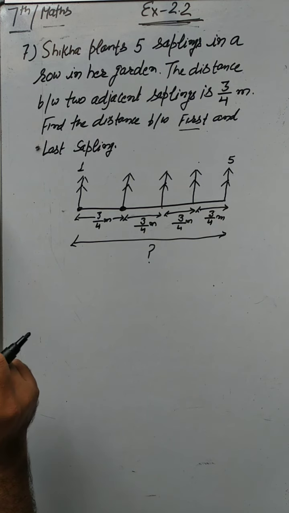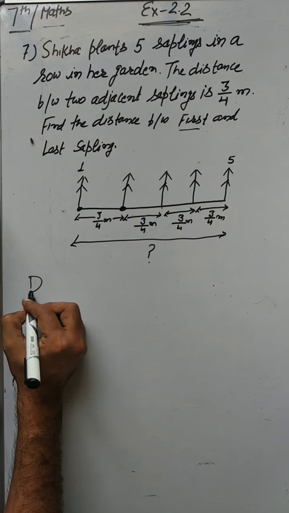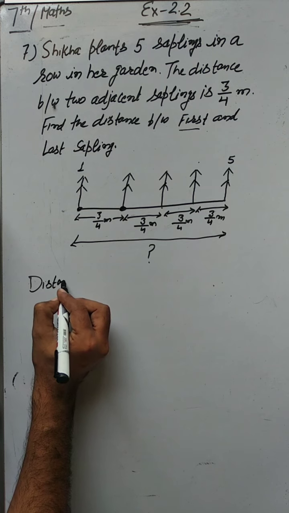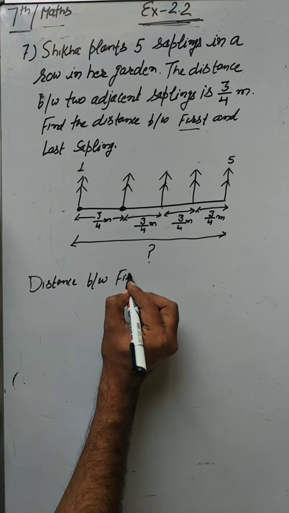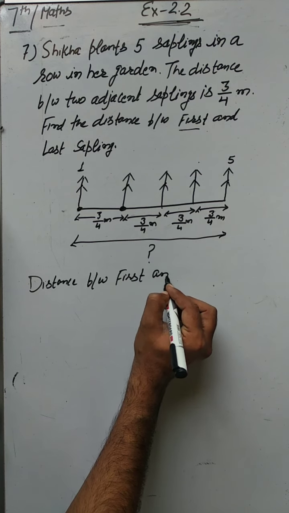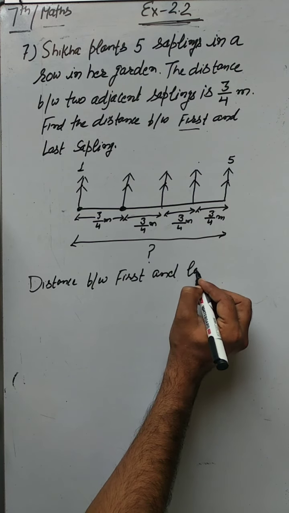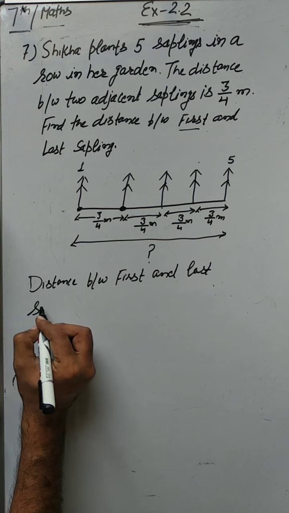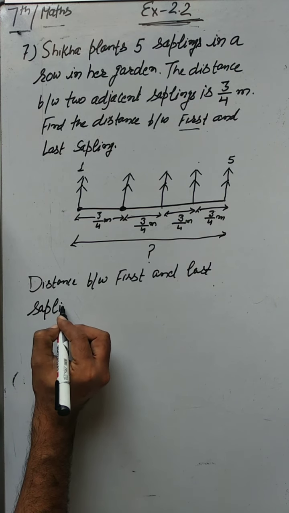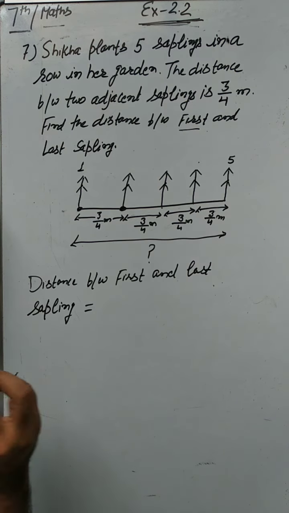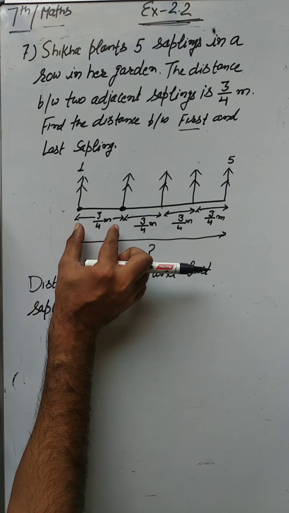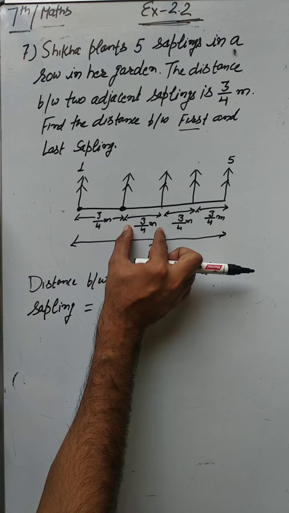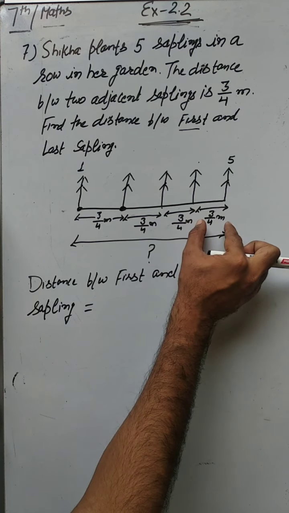Now look at the diagram beta. Easily from the diagram we can find the distance between first and last sapling, means first and last plant. Now beta look, your distance is divided into 4 equal parts. 1, 2, 3, 4.